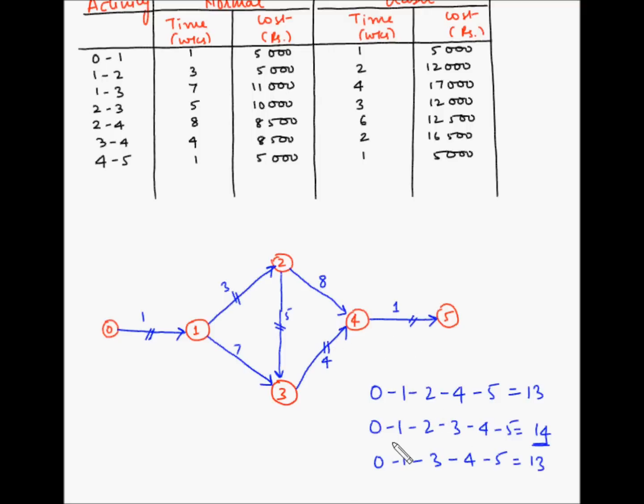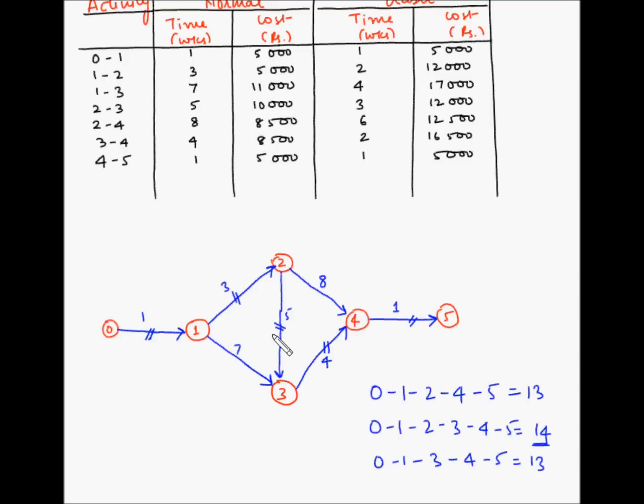Now also the project duration is the same as the critical path duration. So here the duration of the project is 14 weeks, and we have identified the critical activities, which are 0-1, 1-2, 2-3, 3-4 and 4-5.